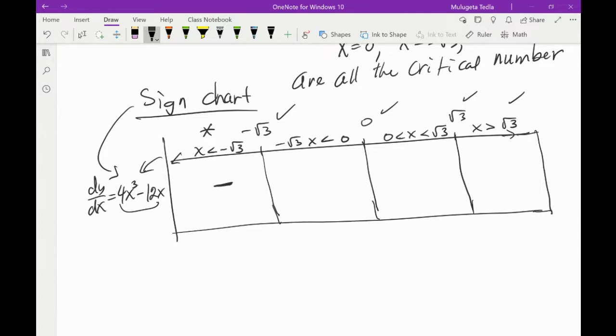Check it. Plug a number less than negative root 3 into the derivative, and then give me the sign of the derivative, because that will determine everything.